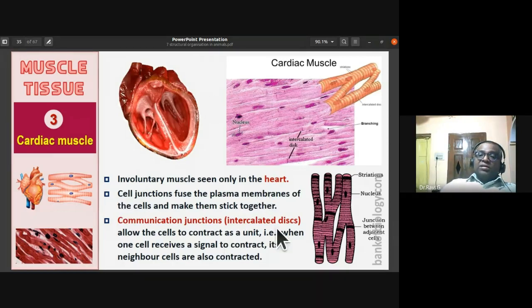You can understand the importance of cardiac muscles in conduction of impulses. The communication junctions or intercalated discs allow the cardiac cells to contract as a unit. When one cell receives a signal to contract, its neighboring cells also contract simultaneously.